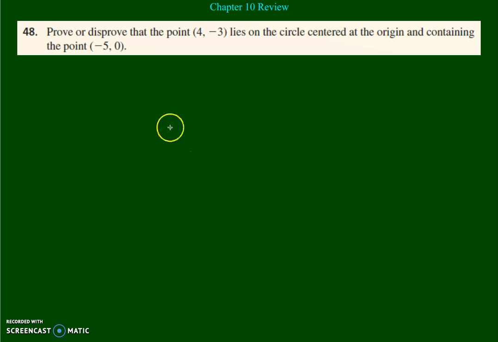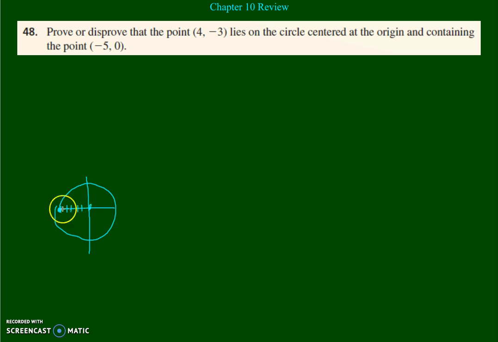What that requires is just what we've been doing. Find the equation of the circle centered at 0, 0 with this as a point on the circle. We need to find out how far this point is from the center. Well, since we have the circle centered at the origin and this point is at negative 5, 0, way out here, we know that the radius of the circle has to be 5 because the circle's doing this.